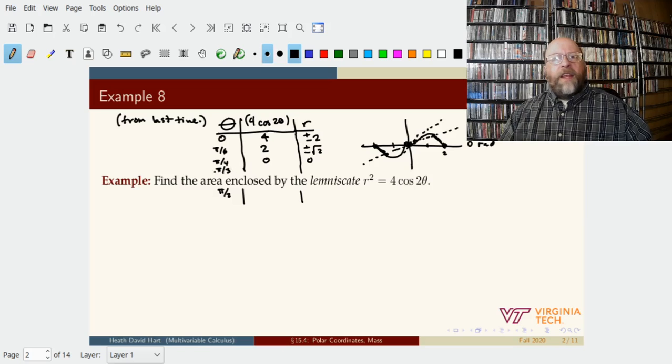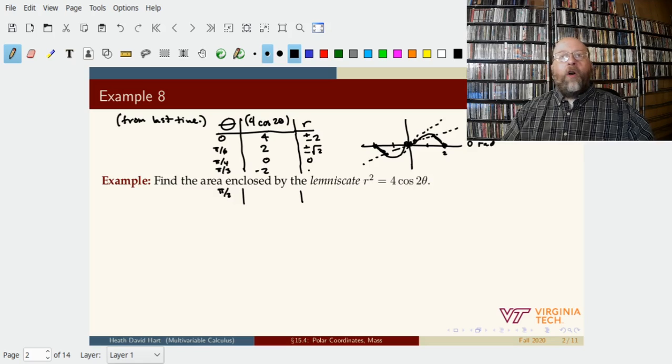When theta is pi over 3, 2 pi over 3 is in quadrant 2. And in quadrant 2, cosine is negative. Cosine of 2 pi over 3 is -1/2. And 4 times -1/2 is -2.